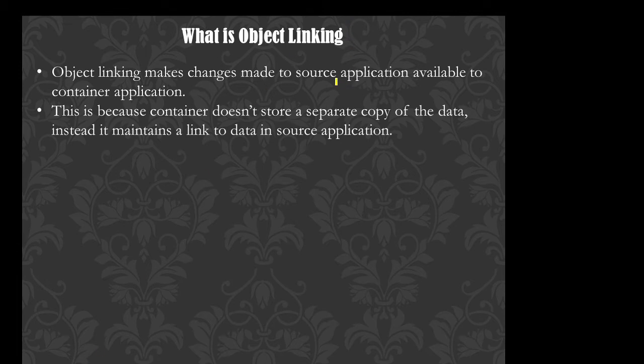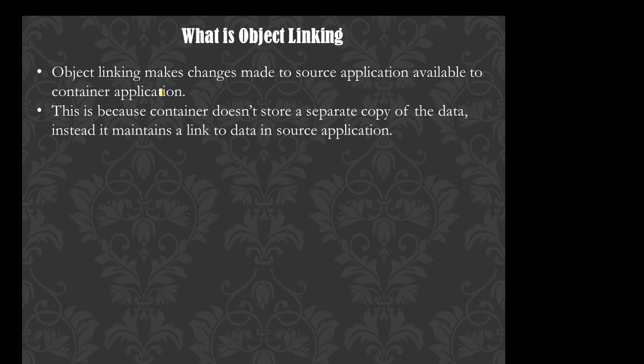It provides a link to where the source application is, so into your client application, if you access an object from your source application by using object linking, it provides a link to the source application.